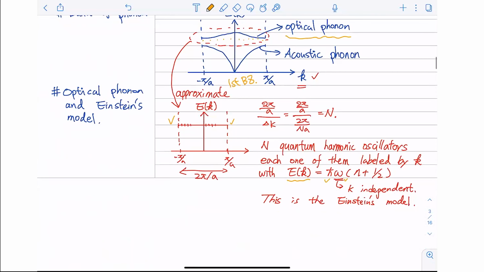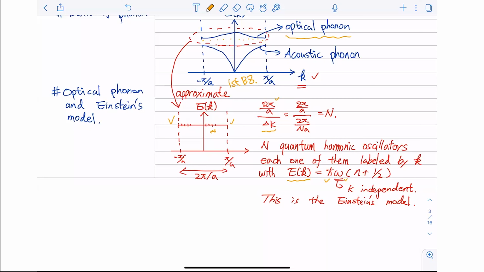And here you can also do a simple check, because the first Brillouin zone has size 2 pi divided by a, and each wave vector k has a spacing delta k equal to 2 pi divided by L, and because L is N a, it is 2 pi divided by N a.